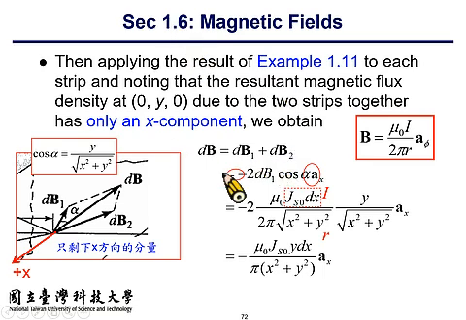Okay, so minus ax suggests that this new vector is pointing to the minus ax direction. And cosine alpha can be found here. And the rest can be found using the line source magnetic flux density equation, like this. Okay, so you substitute all the geometric parameters and the current density into it.